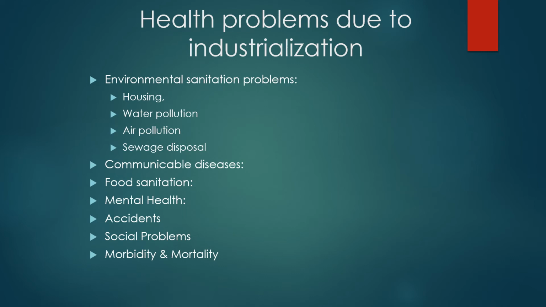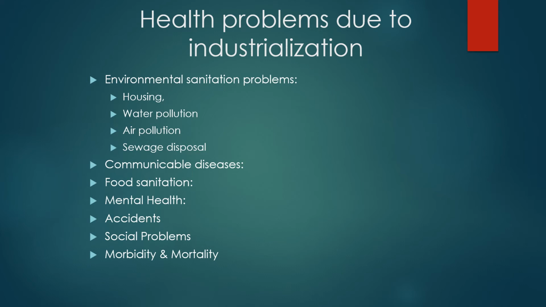Then social problems. The social problems which increase due to industrialization are alcoholism, drug addiction, gambling, prostitution, increase in divorce, then juvenile delinquency, and a higher incidence of crime. Then morbidity and mortality.